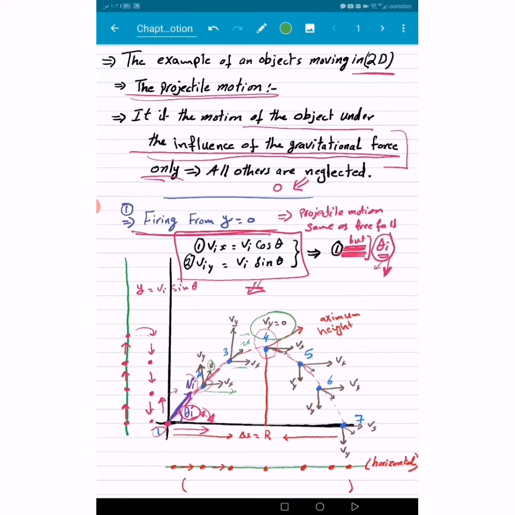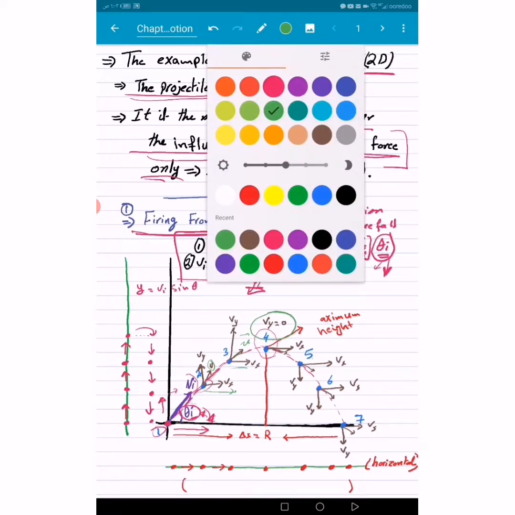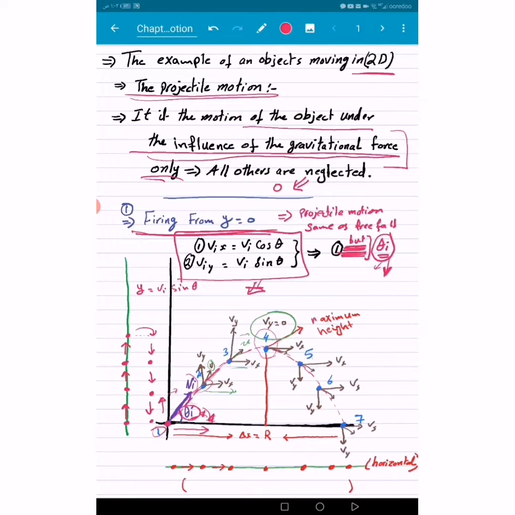At this point 4, the object has finished its initial velocity in the vertical direction. It will not have any vertical velocity, so at that point Vy is equal to 0. Then the object changes its direction from up to down, because the gravitational force now works to take the object down.